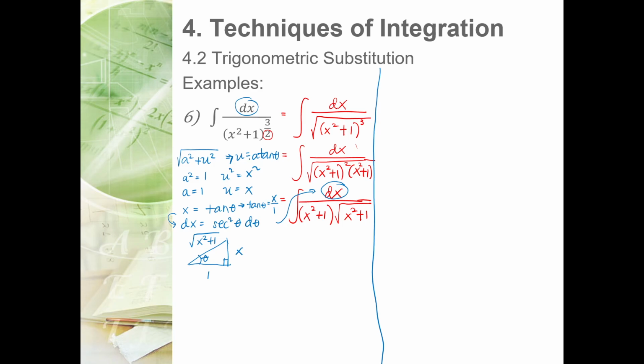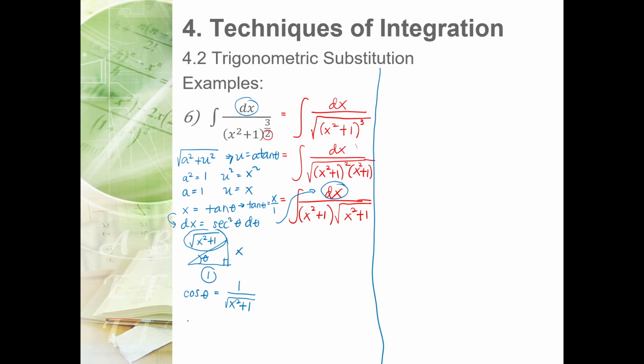Okay? So next we pair up this one with a certain constant, and the particular function for this one is cosine. Cosine theta is equal to 1 all over the square root of x squared plus 1.